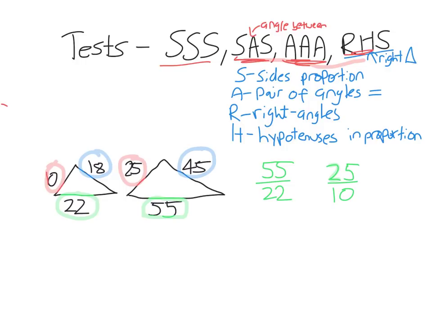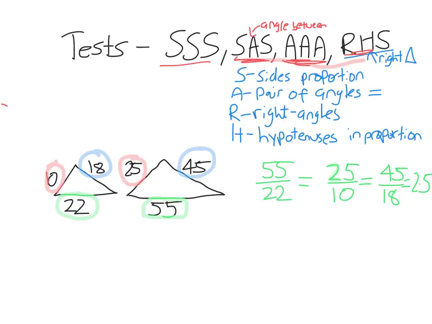So what we do is we just put all of these in our calculator. If you put 55 over 22 into your calculator, you will get 2.5. If you put 25 over 10, you get 2.5. And same with 45 over 18. These all give you the same number.